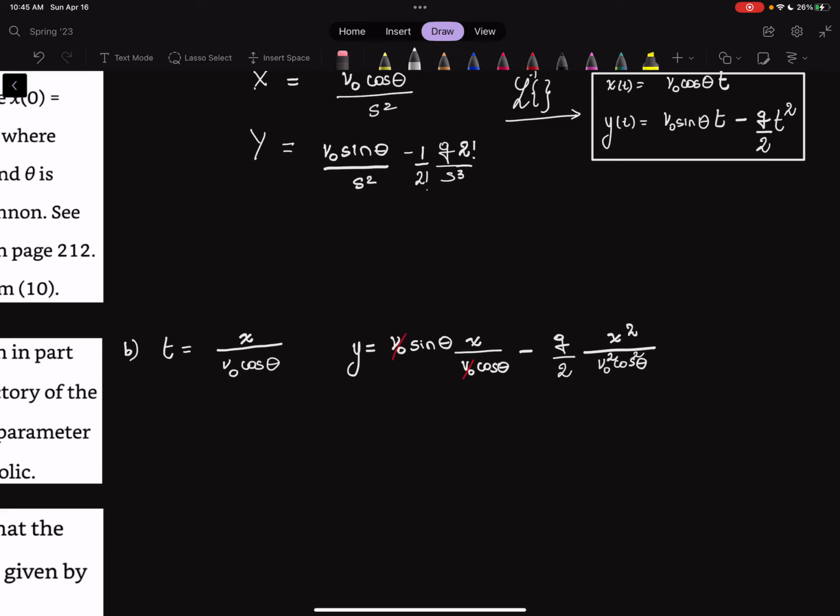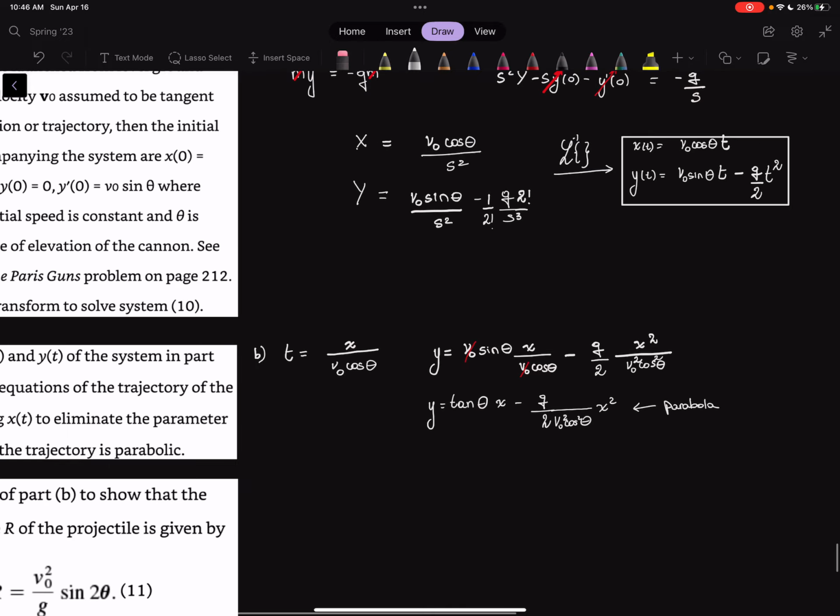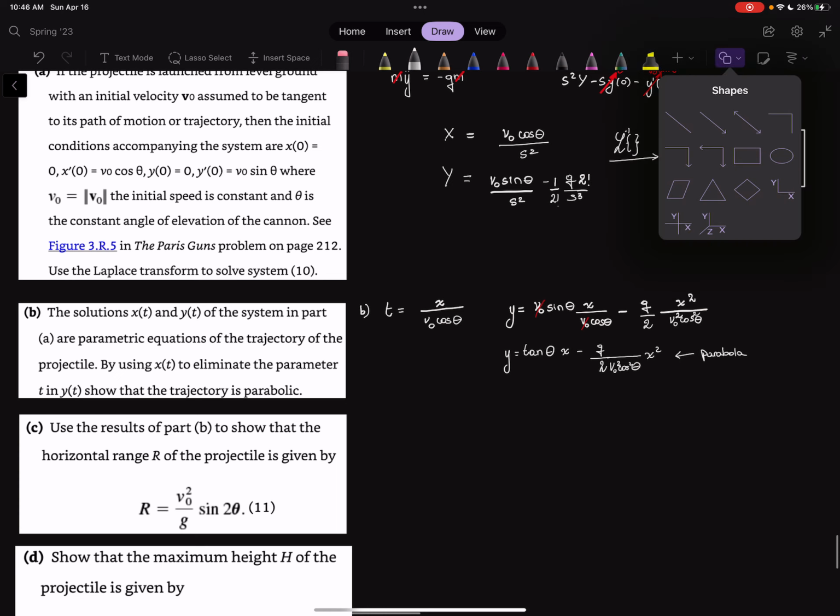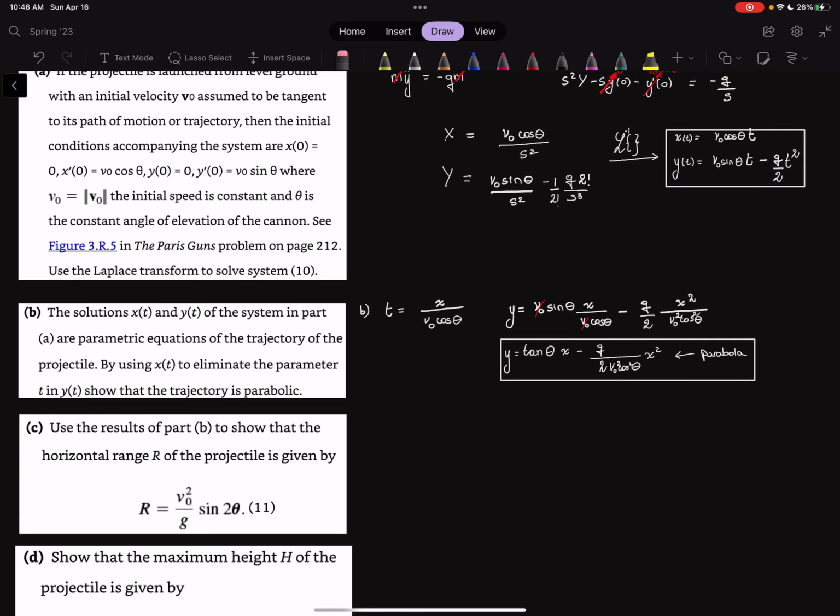I can rewrite sine of theta over cosine of theta as the tangent of theta. And so we really get this. Now we have v naught squared cosine squared of theta times x squared. And this is a parabola. So our trajectory is parabolic as they requested us to show.